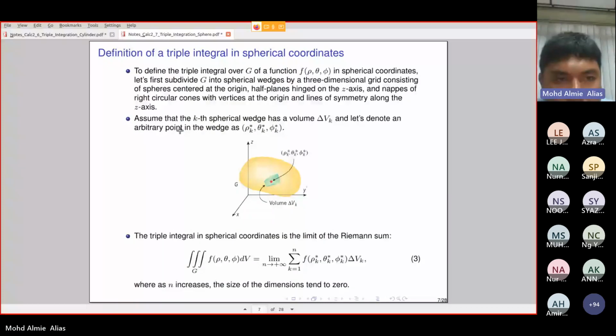So you have this definition of triple integral in spherical coordinates. These are the limits. I hope you can read it yourself because I uploaded this 2 days ago.